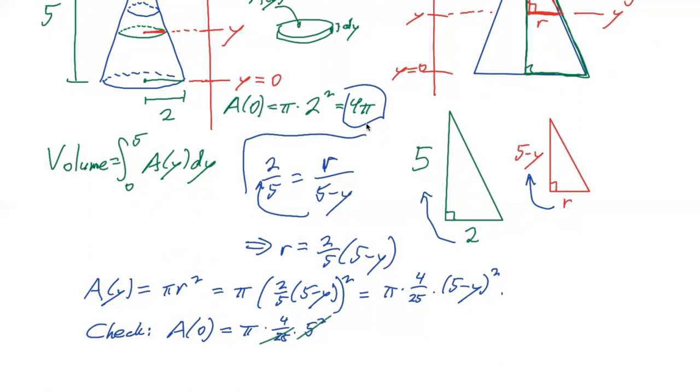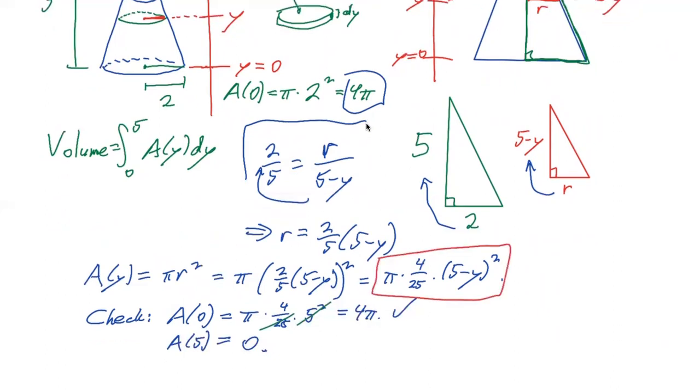And it actually is 4 pi, which we said it was. So that works. And also, when you plug in 5 for y, you get 5 minus 5, so that's just going to be a 0. So that does seem to work at the extremes. And that's the function we want to integrate.